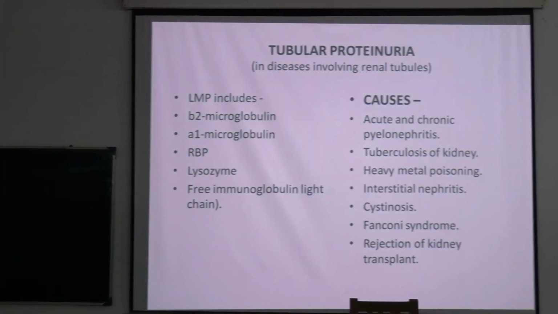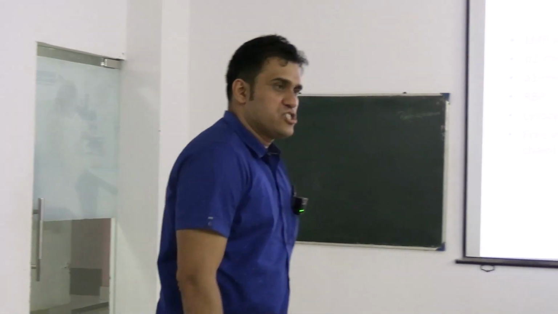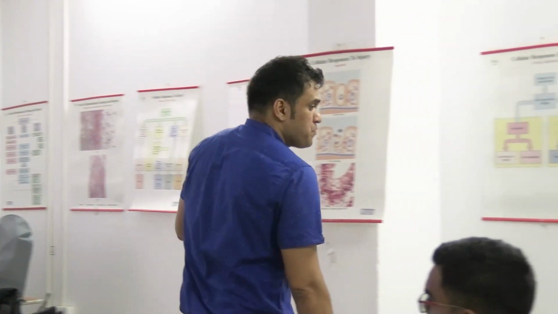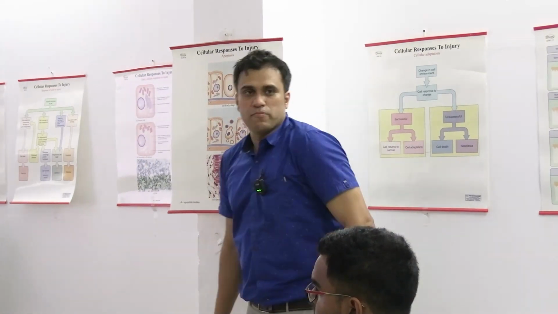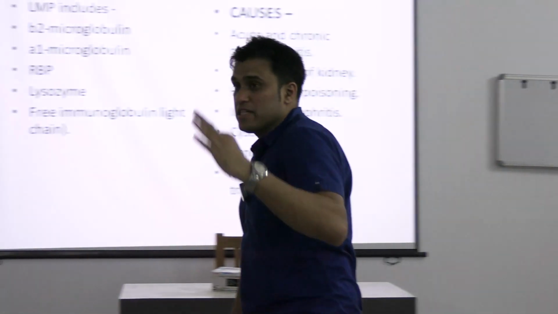Retinol binding protein. Retinol binding protein, free immunoglobulin light chain, they are all excreted. And here the pathology lies in the renal tubules. So, tubular pathology. So, what can be the causes?